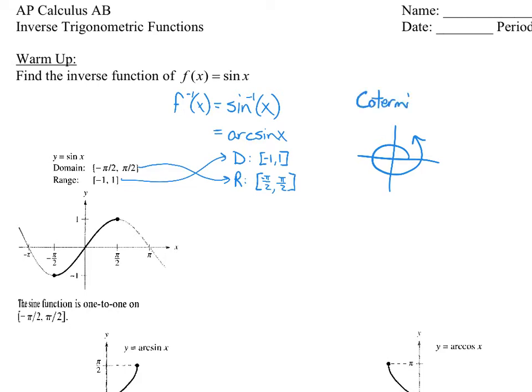How would I get an angle in the second or third quadrant? Okay, subtract pi from pi over 2. Rotate it around the y. Okay, this is coterminal.